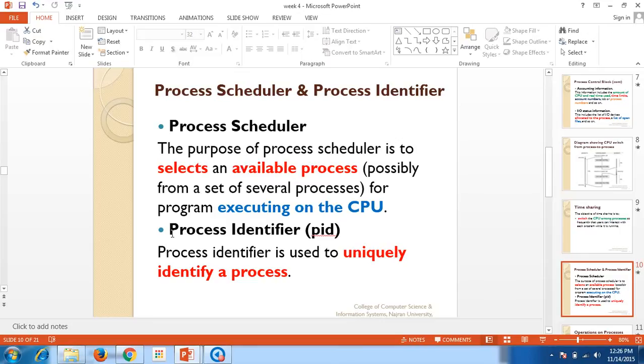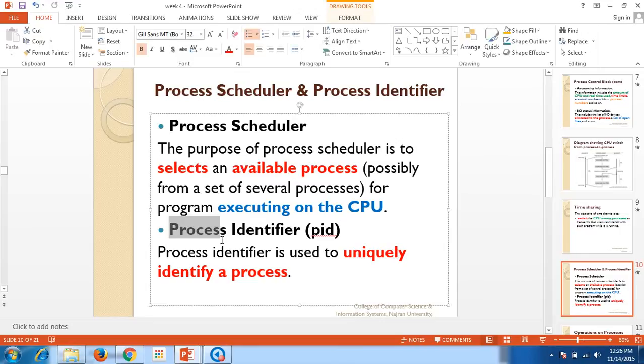Next, we have the process identifier, which uniquely identifies a process. The process identifier, PID, is normally used to identify a process, and this number must be unique.